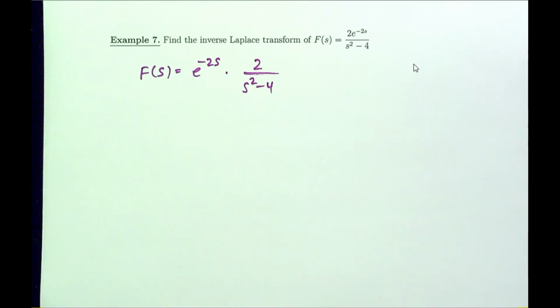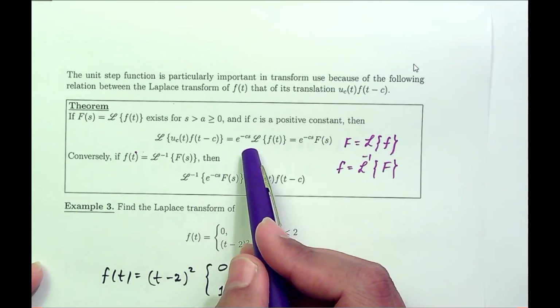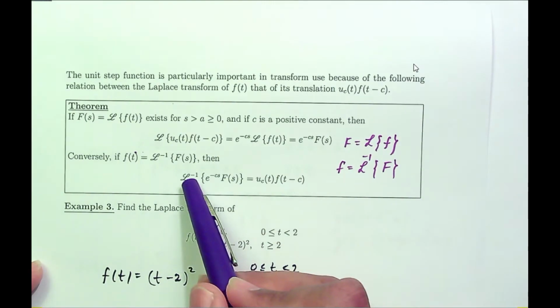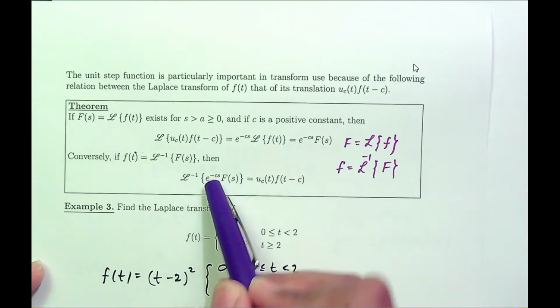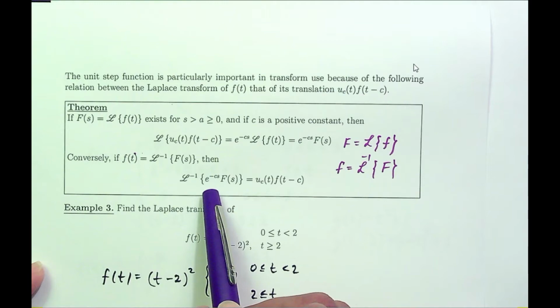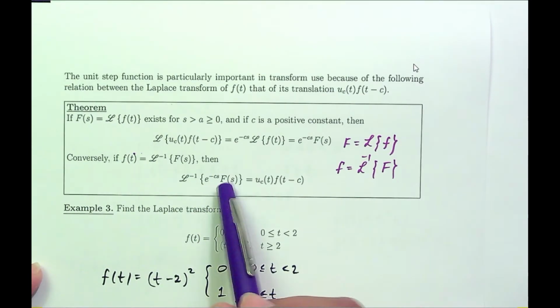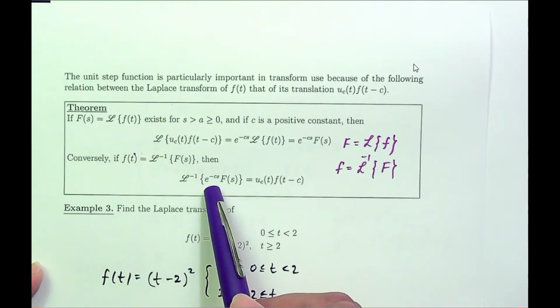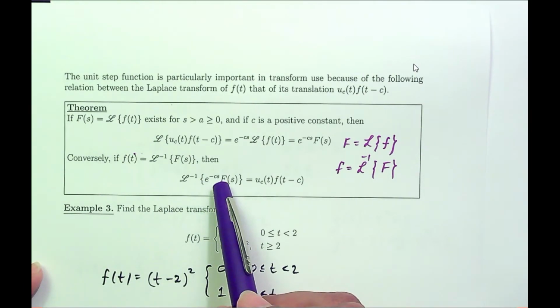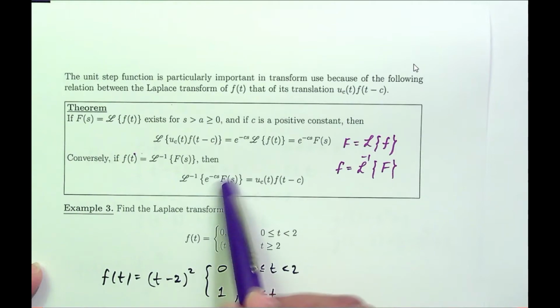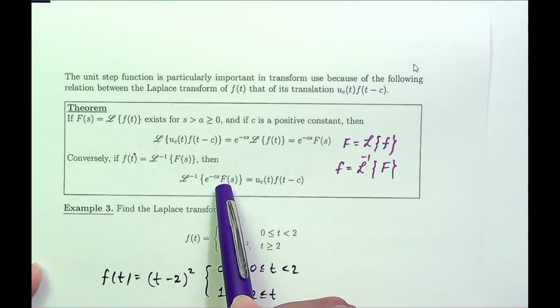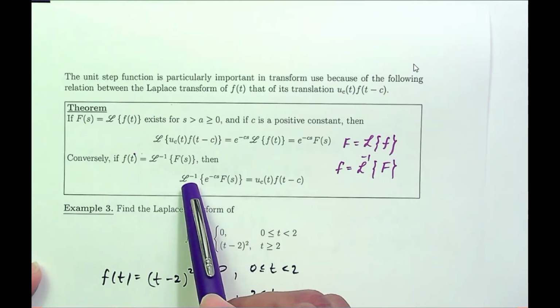And the reason we want to pull the e part out of there is because, if you remember, we have a formula for the Laplace inverse of an expression that has some exponential factor, e to the something times something else. If we can write the thing that we want to invert in this way, then we can use this formula to find the Laplace inverse.